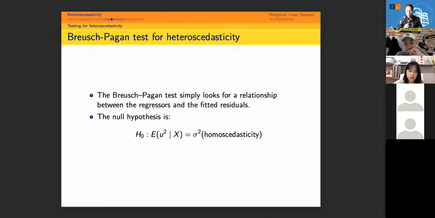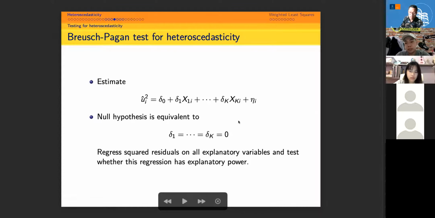So again, just to recap the hypothesis testing, you have to state the null hypothesis, and the null hypothesis is homoscedasticity, and the alternative hypothesis is heteroskedasticity. Now let's take a look at the Breusch-Pagan test. What's the strategy?